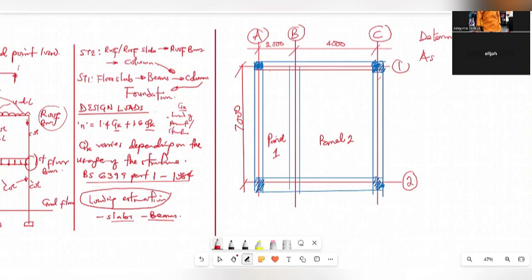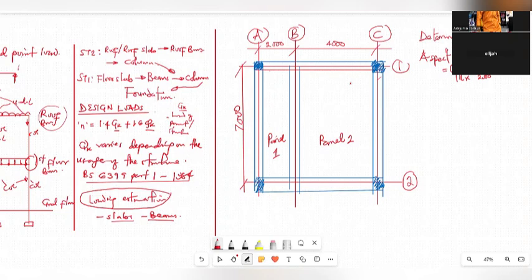Now, the aspect ratio, which we know as Ly over Lx, is equal to: Ly is 7 meters, Lx is 2 meters, and that will be 3.5.